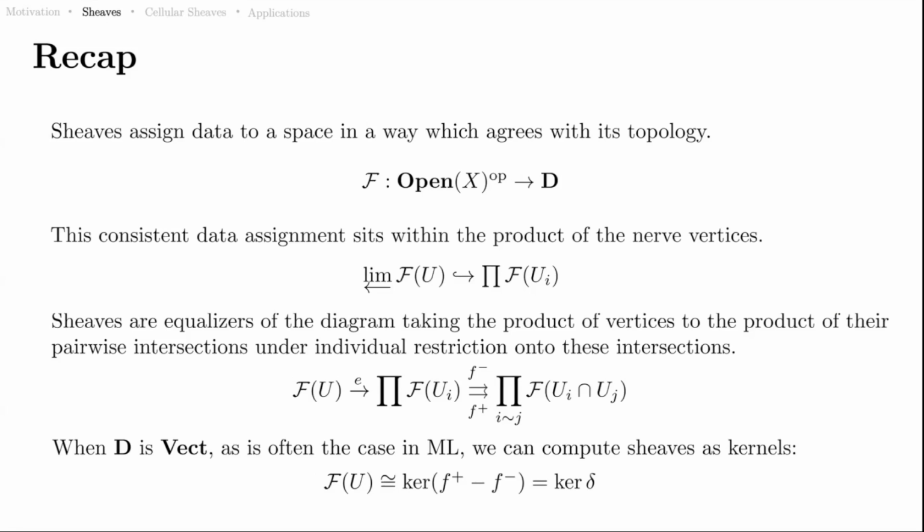We can move towards a computable sheaf. We can compute a sheaf if we view it as an equalizer of this oriented intersection structure. And in particular, when our data space is the category of vector spaces, this becomes a linear algebraic problem.